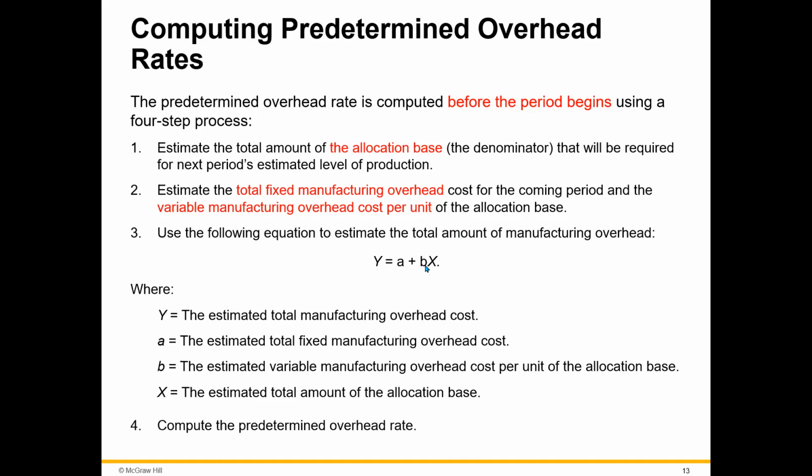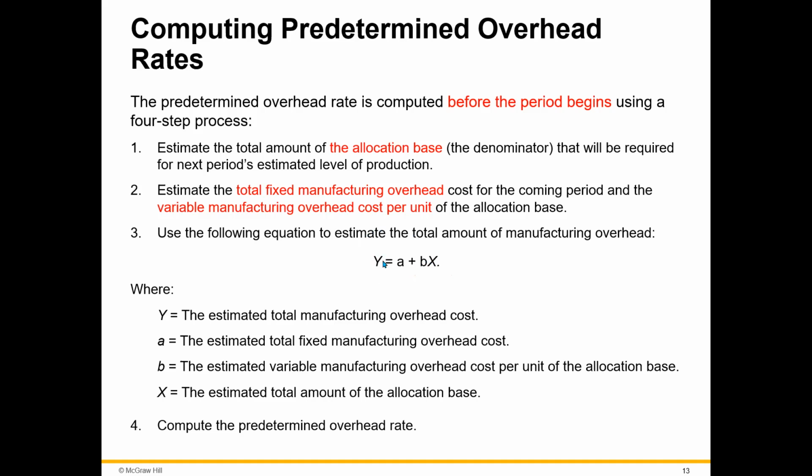And to estimate, we need lots of historical data and modeling, right? So the computers and data analytics can assist us to do the modeling. So you incorporate all of these factors and you will get a formula eventually for your estimated overhead.